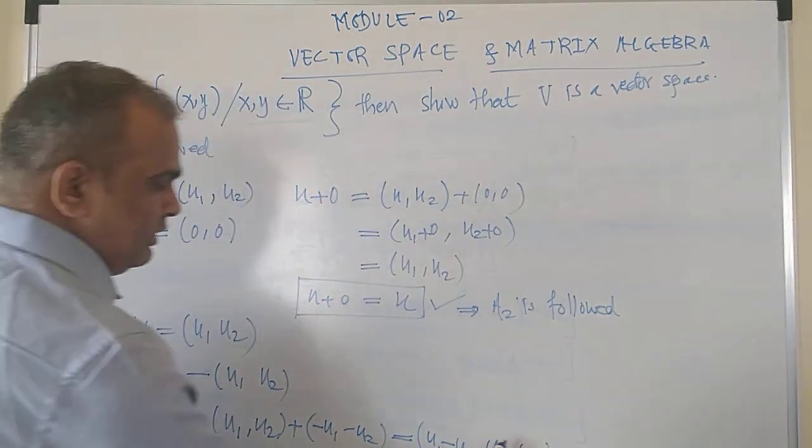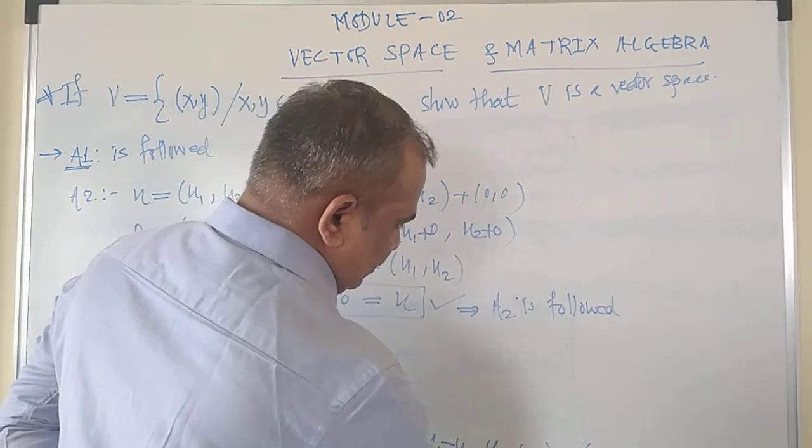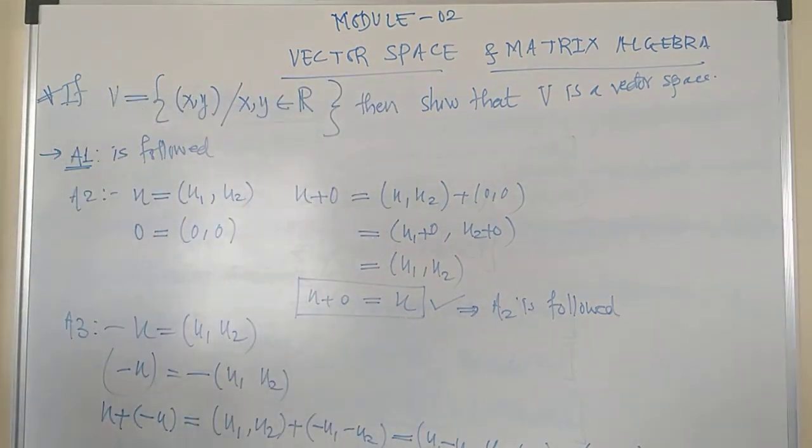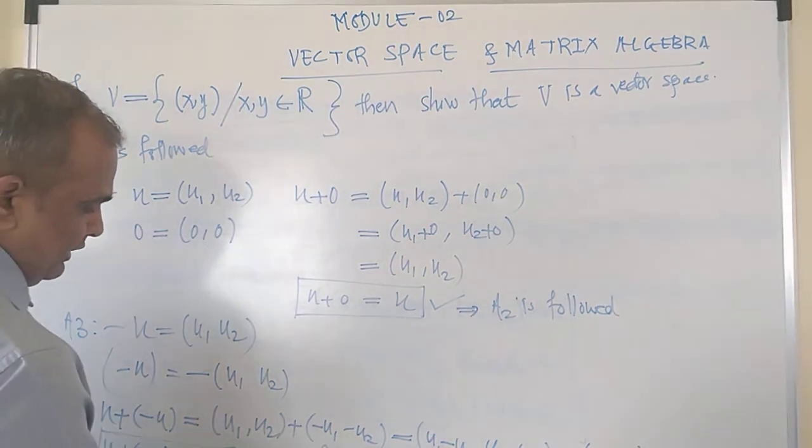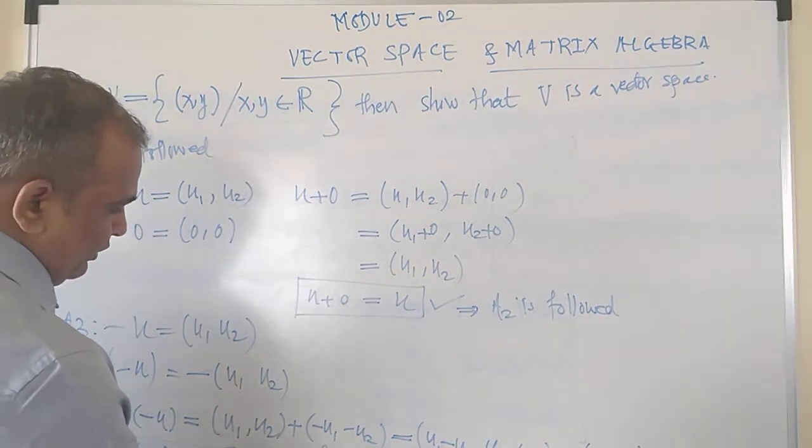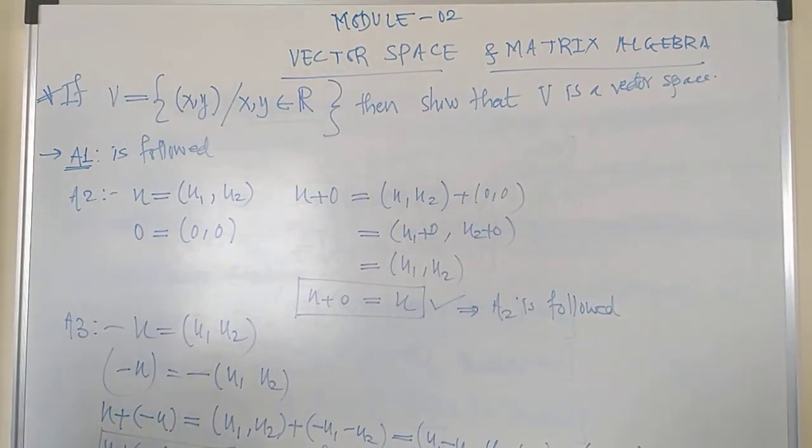This gives you a 0 0 vector, and therefore u plus minus u is equal to 0. This indicates A3 is also followed. The third axiom is followed.